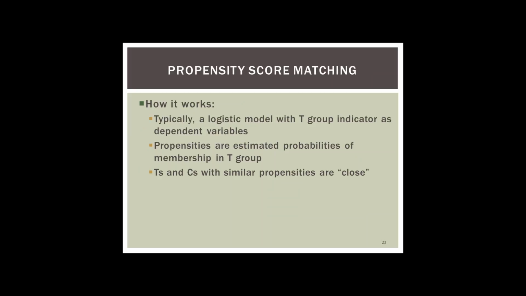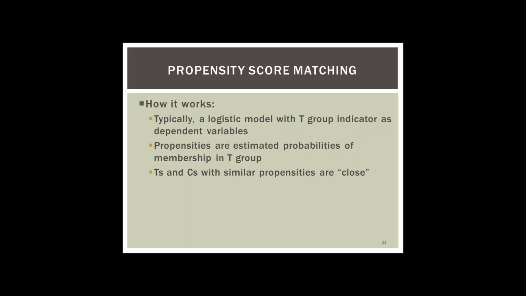You can think of a model where the dependent variable is the treatment group indicator, and your independent variables are those baseline or matching variables that we want to use. Most commonly, people use a logit model, but you can also use a probit or a linear model to estimate these propensities, which are probabilities.